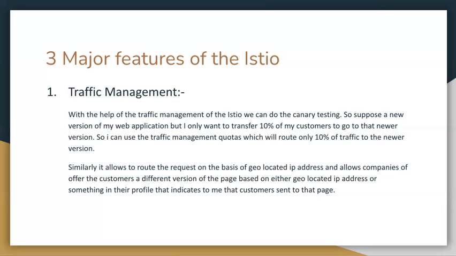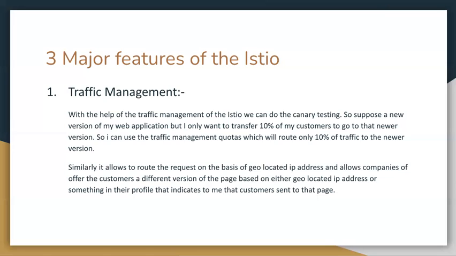Or if you have certain considerations for some customer profiles and you want to show them some unique data customized to their requirements, then if you have those kinds of data points for your customers, Istio can help you route the request accordingly so that they get access on the basis of the data points that you have for your customers.